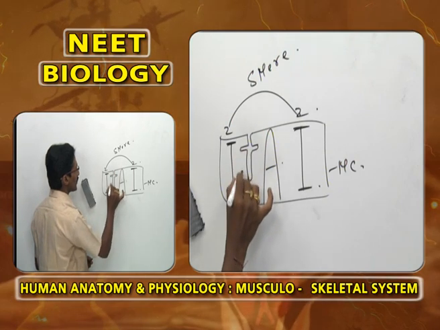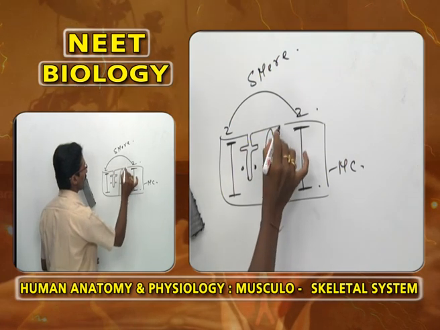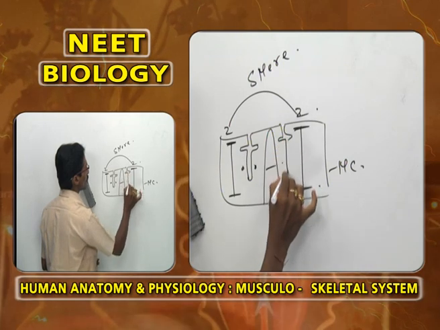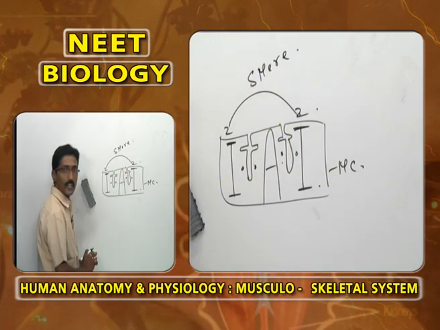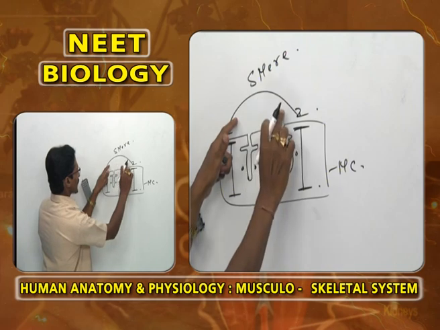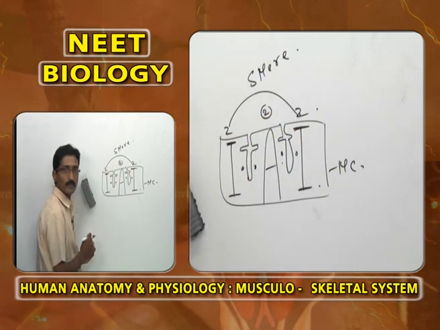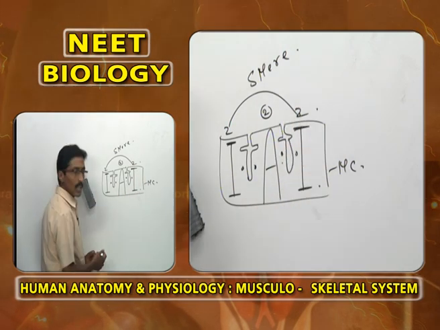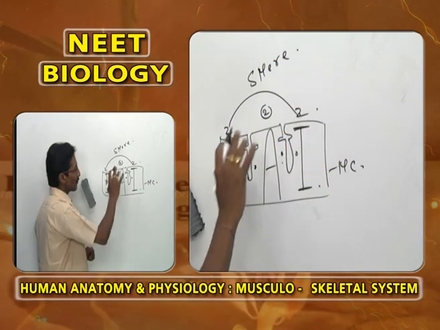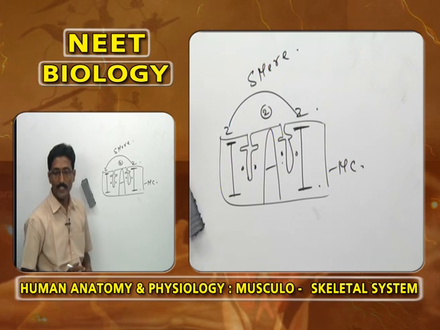One T-tubule, two cisternae. Here again, one T-tubule and two cisternae. So, in a sarcomere, how many triads are present? 2. In a muscle cell, how many triads are present? Many. Here what is the assertion?